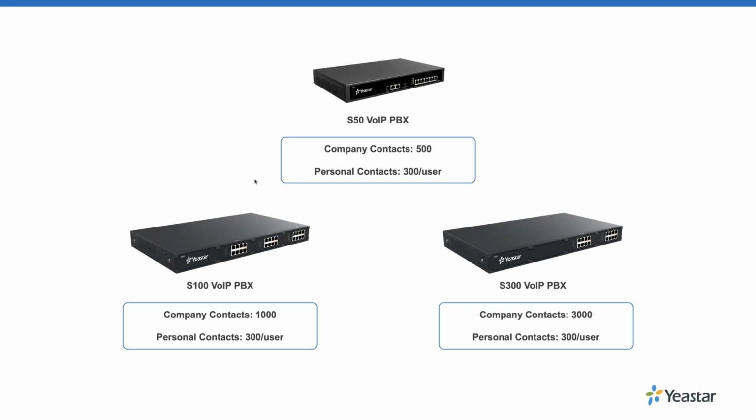Talking about company contacts and personal contacts, they do have a difference. Company contacts are created by the super administrator, and they will be the contacts for all of my company users, all of my internal users. I can change the privilege to give them the user privilege to manage the company contacts or to check the company contacts.